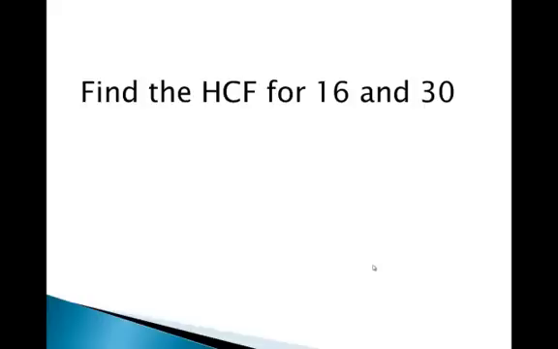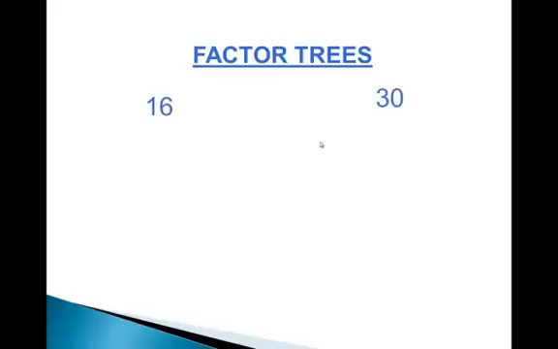So we're going to do that again, and this time we're going to find the HCF, the highest common factor, of 16 and 30. So again, the first step is to draw a factor tree for each of these numbers. So I'll ask you to pause the video and draw those 2 factor trees, please. So you should have calculated your factor trees in this way.